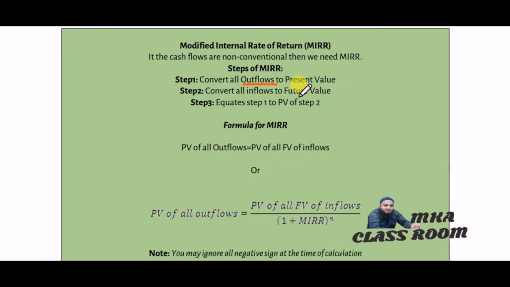All the negative cash flows should be treated as present value. Convert all inflows to the future value. That means all cash inflows should be converted to future value.